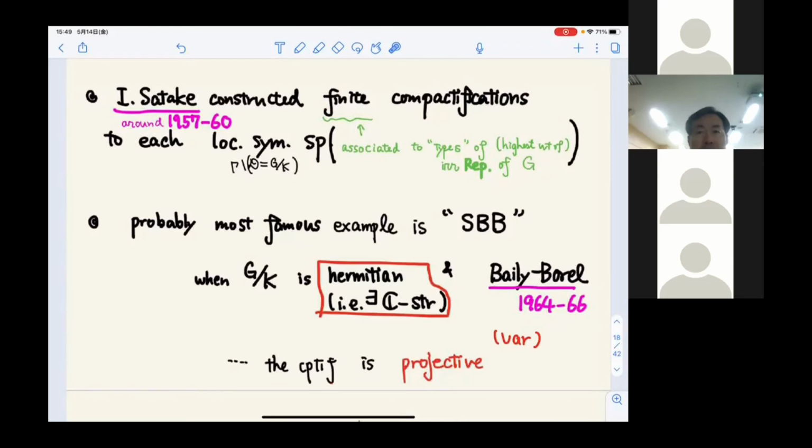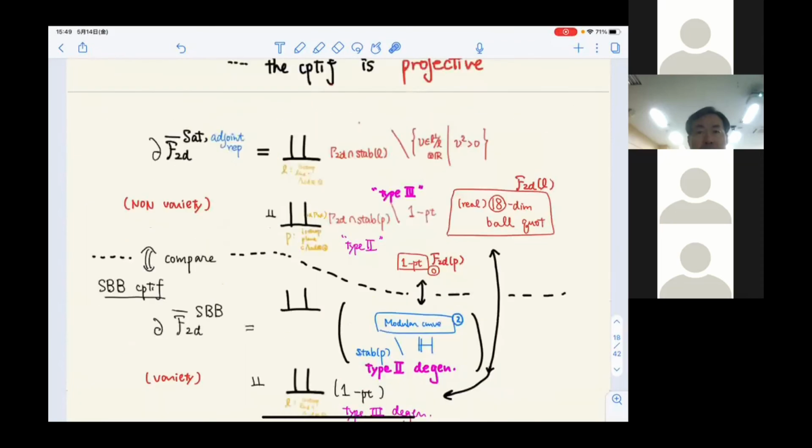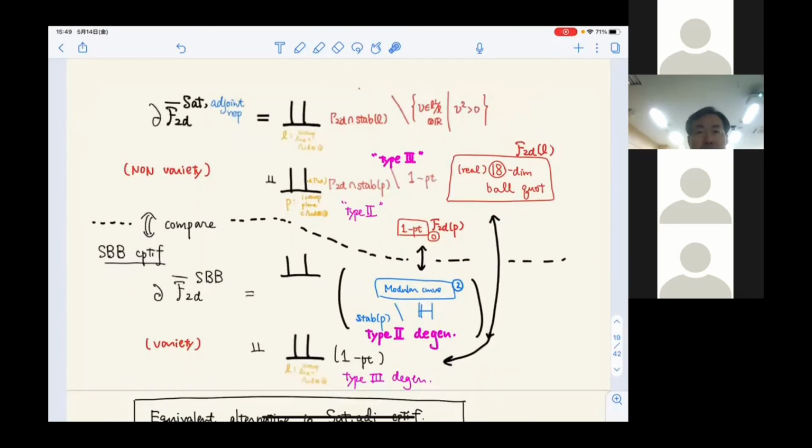The history was that after Satake's famous paper in the 60s, some years later, Baily-Borel proved that one of Satake's compactifications is projective. In many cases this is just called the Satake compactification or Baily-Borel compactification.